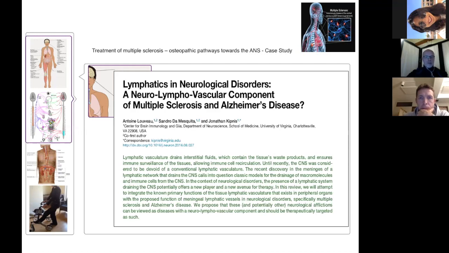This is interesting when you look at this particular article. They're looking at lymphovascular drainage of interstitial fluids, which contain tissues and waste products. So we're looking more at the essential lymphatic vasculature, and also the changes in the dynamics of intracranial lymphatic functionality too.